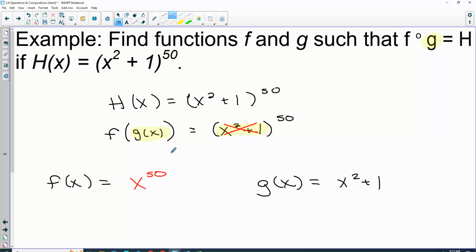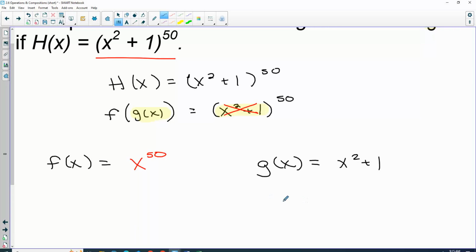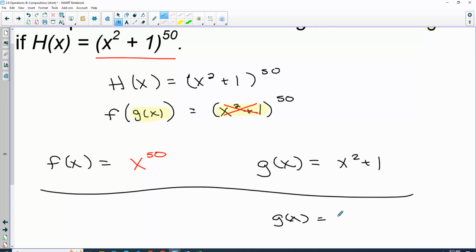And we can check that. If you do f composed with g, if I take g and plug it into f, do I get what we started with? Yes. Like I said, there are other correct answers. Could you have said g of x was just x squared?